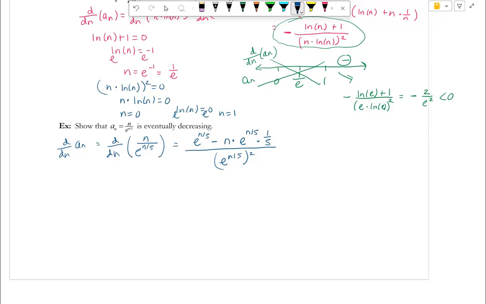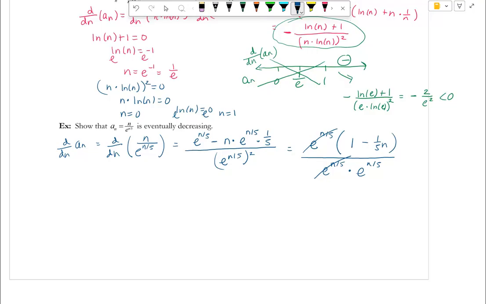So when we get our derivative, we could factor out a common factor of e to the n over 5 in our numerator, which leaves us with 1 minus 1/5 n. And then in my denominator, I have 2 factors of e to the n over 5. So I can go ahead and cancel 1 factor from the top and bottom.